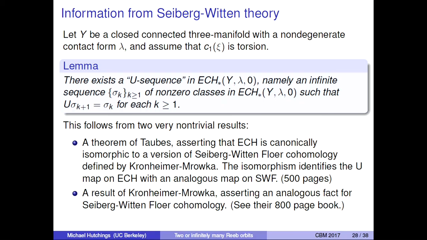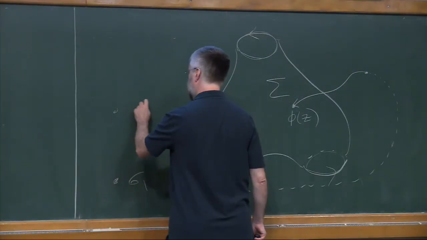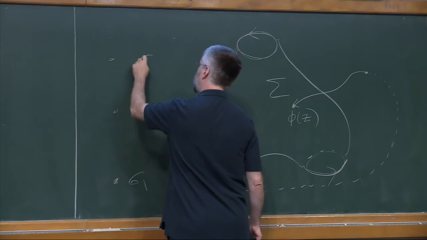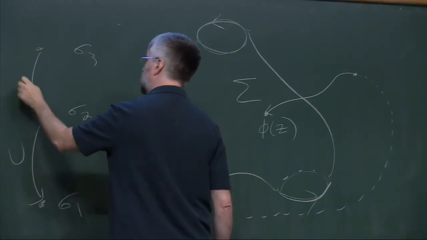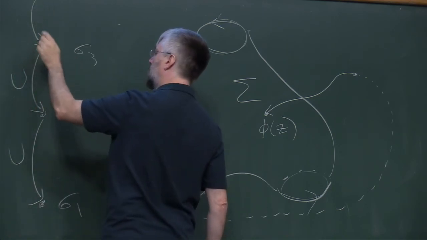This is an infinite sequence of classes, sigma k, such that each sigma k is U of sigma k plus 1. So if I draw these algebraically, here's sigma 1, and here's sigma 2, and here's sigma 3, and so on, and the U map goes like this. And it goes up infinitely.